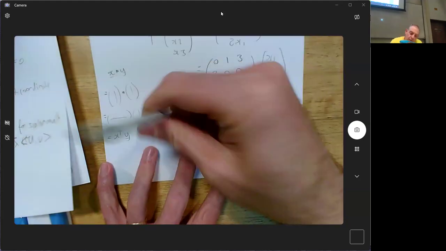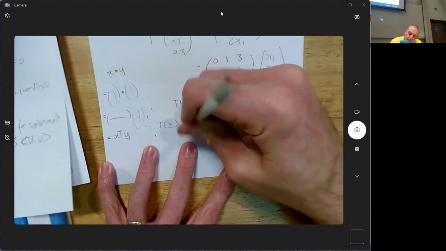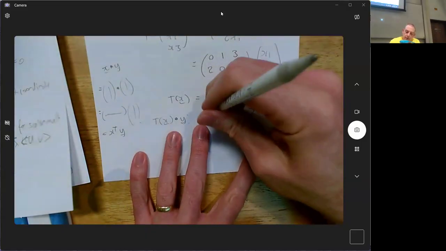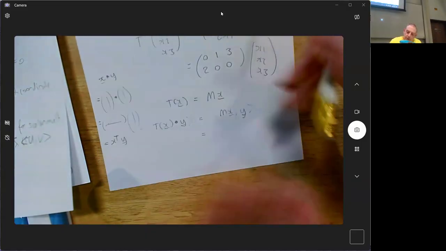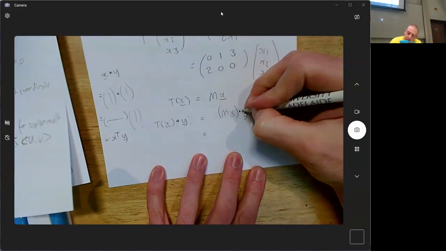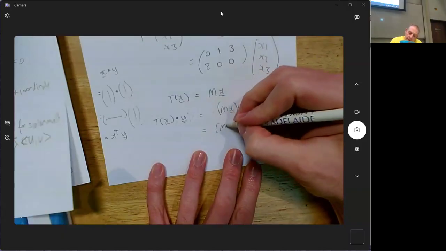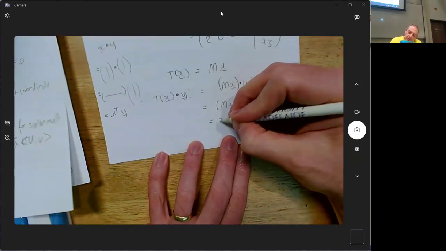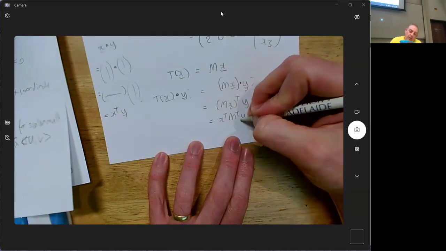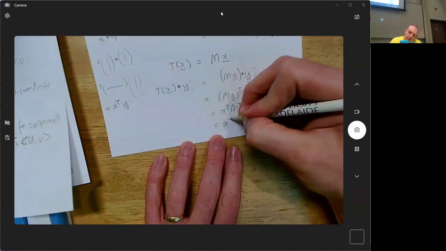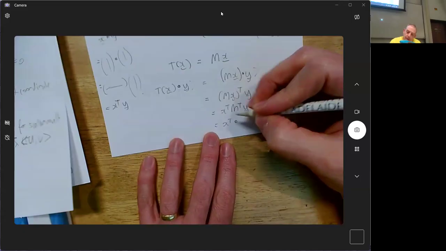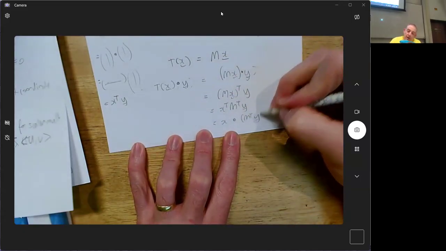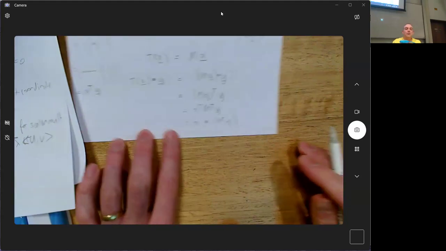Right, so if I do this as dot products, Tx dot y is Mx dot y, which is (Mx) transpose times y, which is x transpose M transpose times y, which is x dot M transpose y. Oh, it really is the transpose.